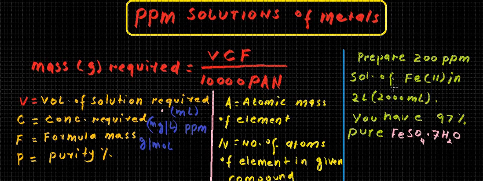Other details are here. The formula we can use, which is a simple formula, will help us calculate the required mass of that very compound, that is iron sulfate, to prepare that solution. The formula is V C F divided by 10,000 into P A N, where V is the volume of the solution that is required in ml.